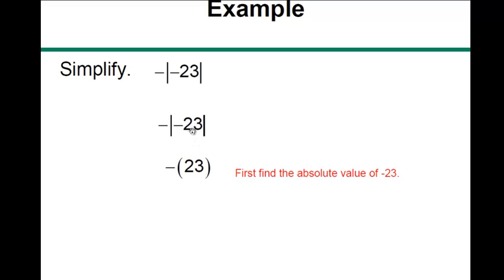All I have done is replaced the absolute value of the negative 23 with this 23 here, and I have left this negative on the outside. So, what is the opposite of a positive 23? It is a negative 23. So the opposite of the absolute value of negative 23 is a negative 23.